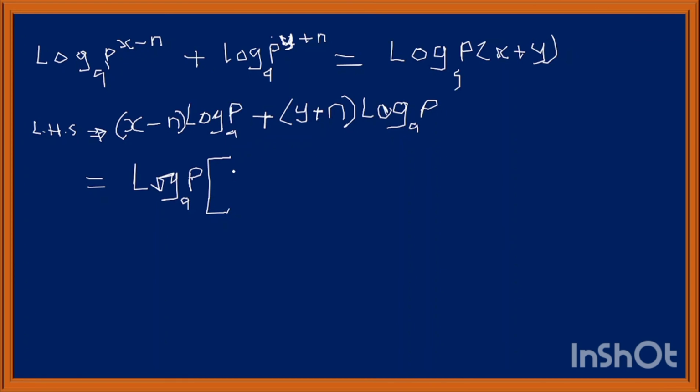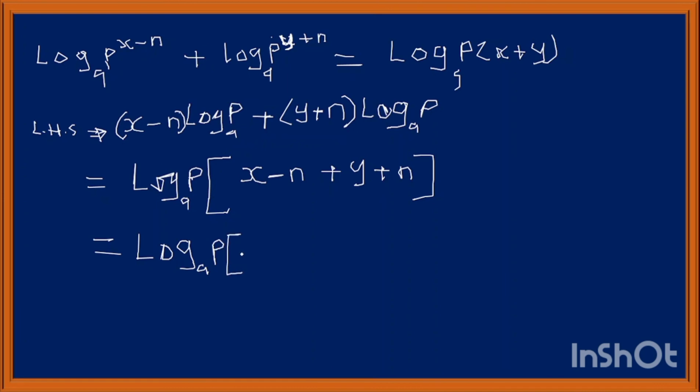So that is simple. So we're going to solve that. So that is x minus n plus y plus n. So if we solve that, this is minus n, so minus n plus n will be off. So we are left with, if we take like terms, log p base a into x plus y minus n plus n.